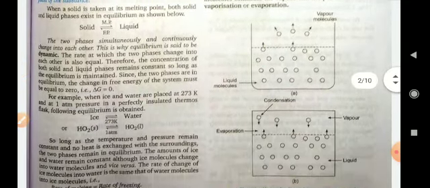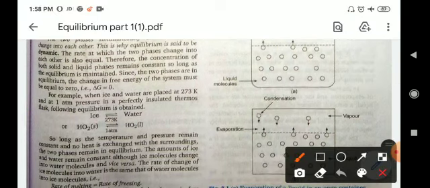But if you take water or another liquid in a closed container and start heating, then its molecules will absorb energy, get vaporized, come out of the liquid and collect in the container in the form of vapors.